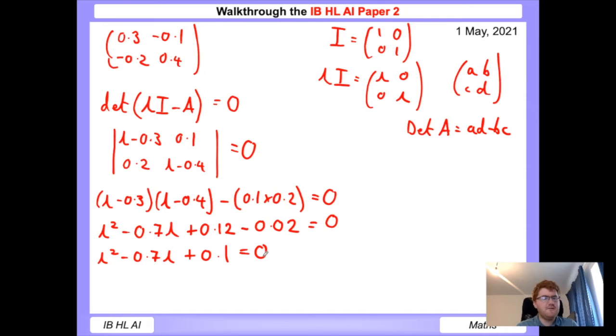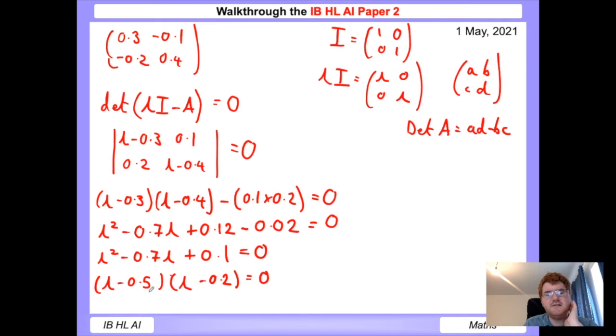Now you can solve this quadratic by any means. You can use your graphical calculator. You can do this by factorizing. There are many different ways. I think a high-level student should be able to factorize this and see, well, we need lambda in both, and two numbers that multiply to give us 0.1, but add to give us 0.7. I think we can see that we're going to have these two numbers.